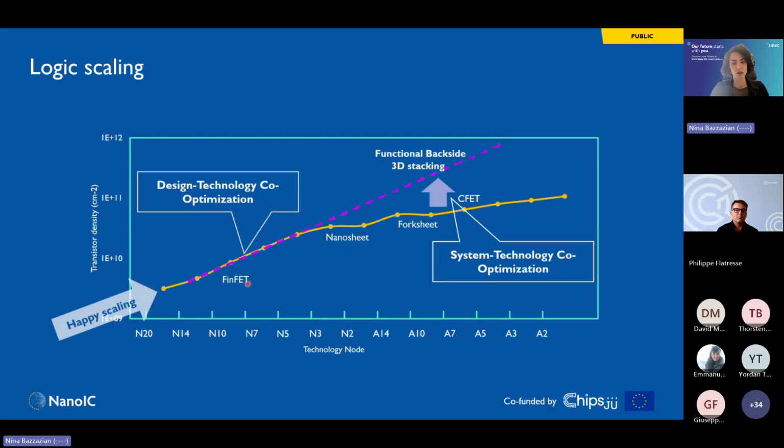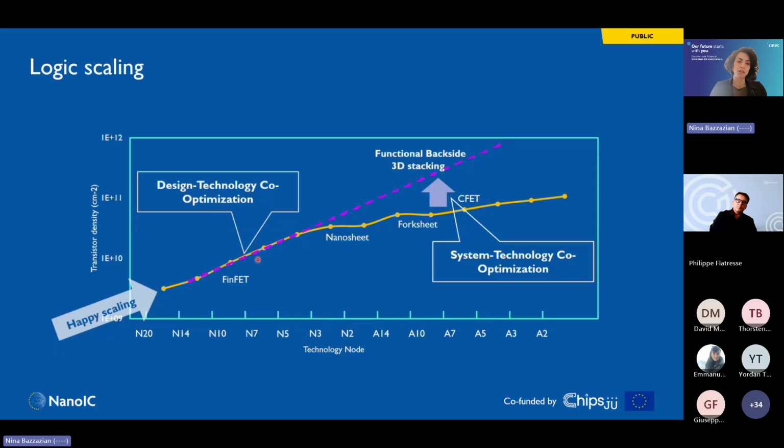But as we moved beyond the 20-nanometer technology nodes, so around FinFET, this scaling became more challenging. And while the introduction of FinFET provided a major boost by enabling continuous improvement in performance and density, it became more clear that device innovation alone was no longer enough.